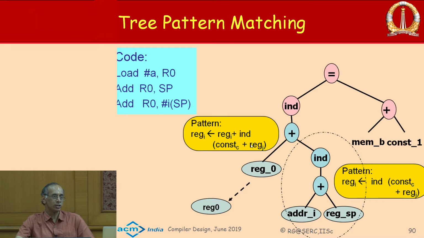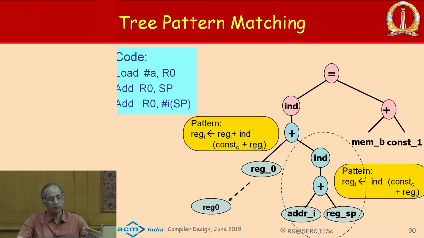That memory location is expressed in the displacement addressing mode. So, the small offset tells you how far away I is from the stack pointer, and when I add this to the stack pointer, I get the address of I. I dereference it, I get the value of I. So, this entire tree can be matched using this pattern.